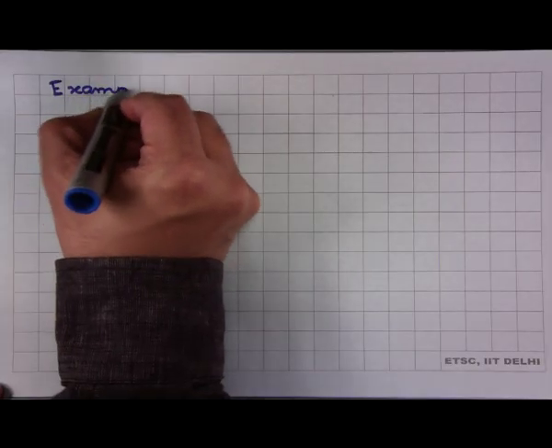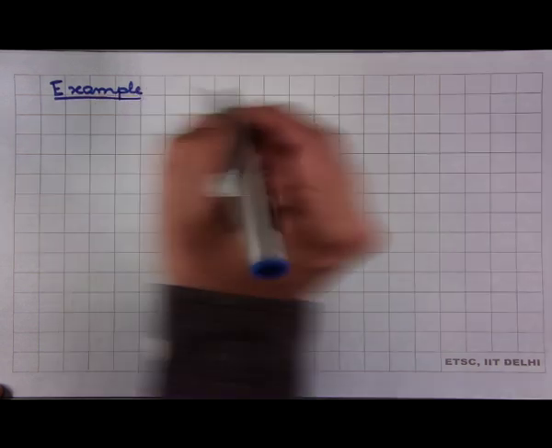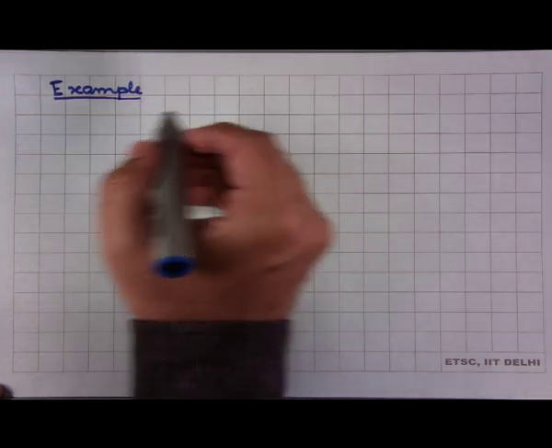So, the first example which I want to present is something which we have looked at previously. Let us continue in this algebraic vein to see what results we get.